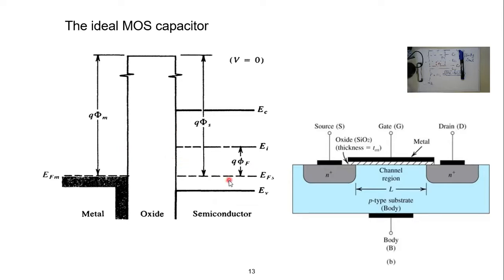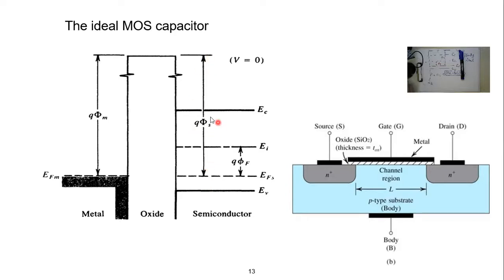Now, as you can see, EFS and EFM are horizontally aligned, so this is a sign of thermodynamic equilibrium. In this case, the affinity level of the semiconductor and the affinity level of the metal are both on the same level, so phi s and phi m are equal. Phi s or phi m we call the work function. The work function is the distance between the affinity level and the Fermi level.